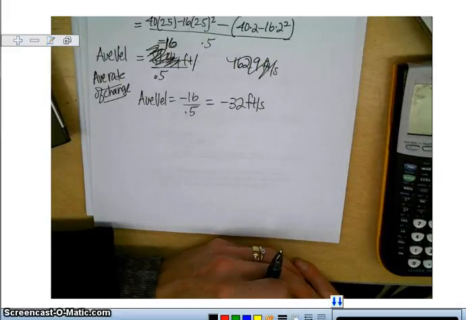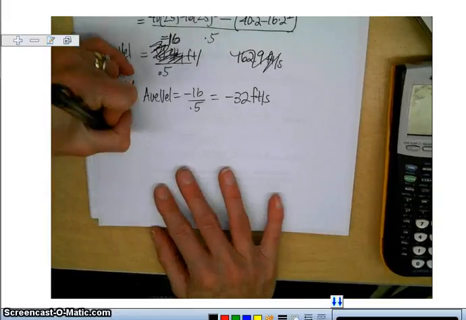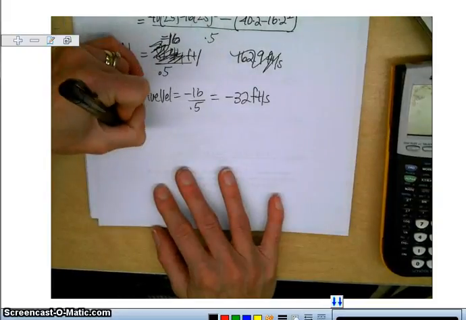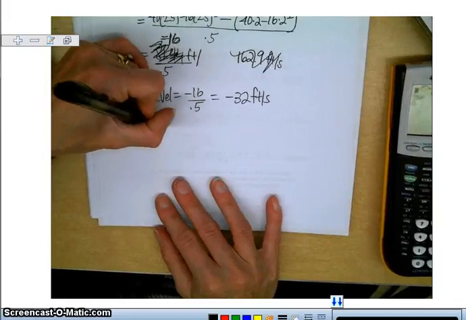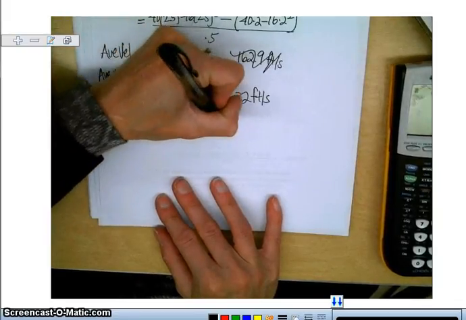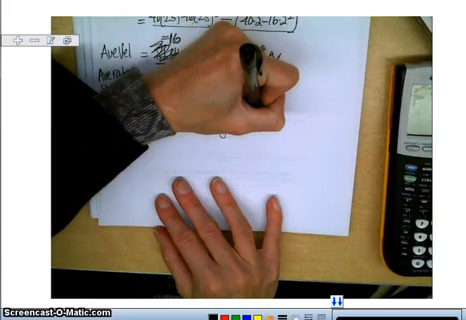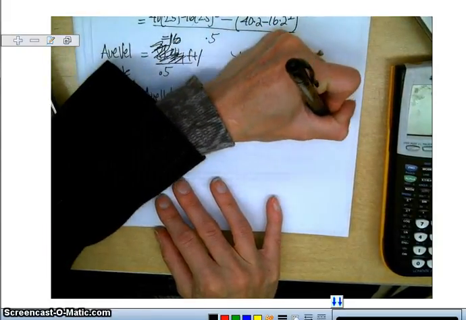And instantaneous, okay, so what would be the instantaneous velocity at 2 seconds and 2.5 seconds?